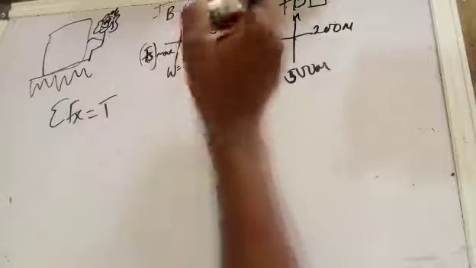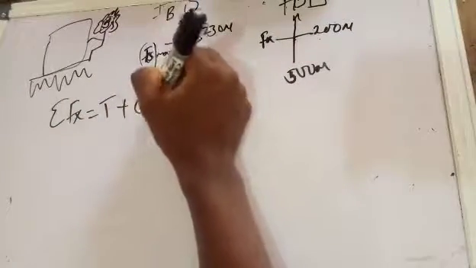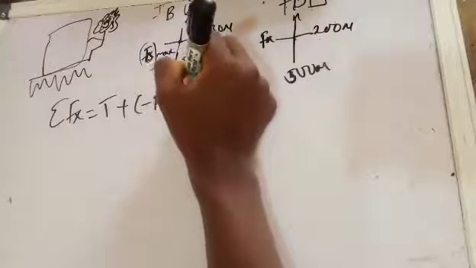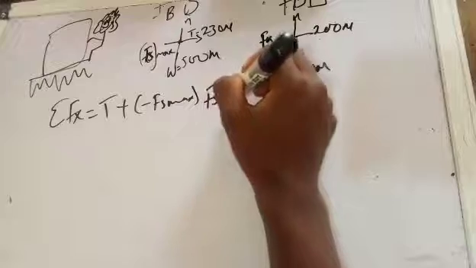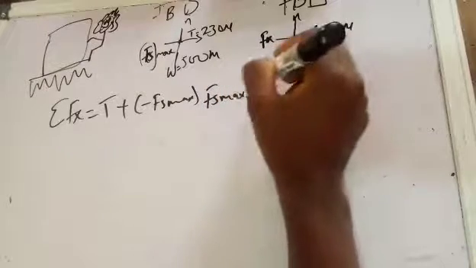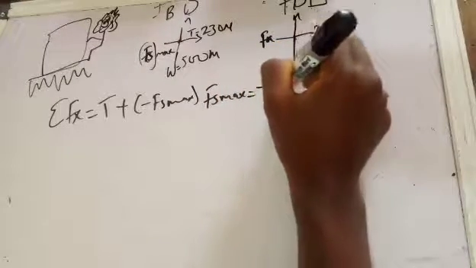Just before the crate is about to move, let us get the sum of forces on the x-axis. This is for when the crate is about to move. We have T plus negative F max, so our F max is equal to the tension, which is equal to 230.